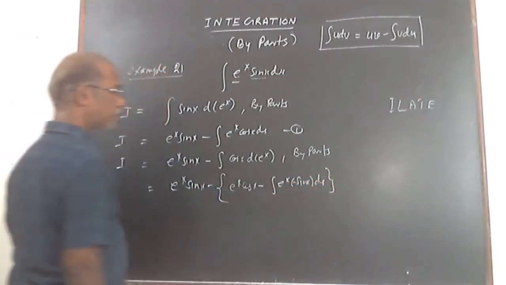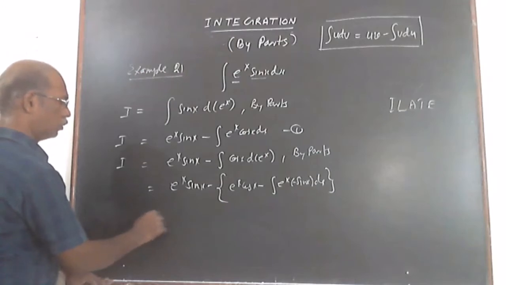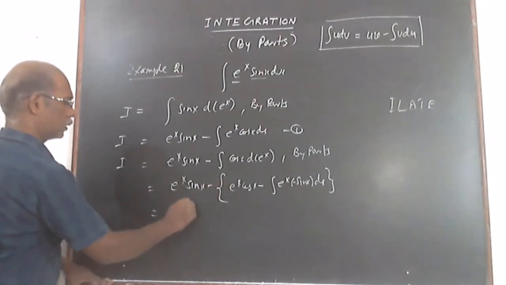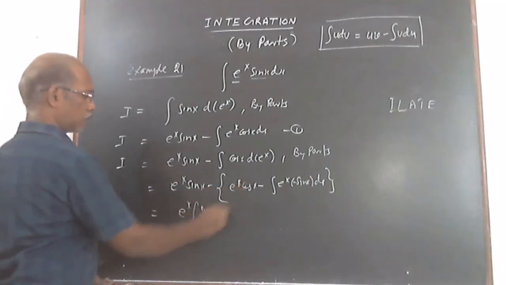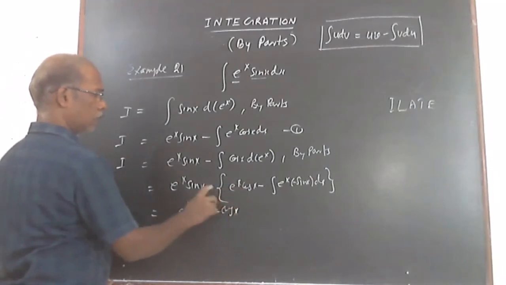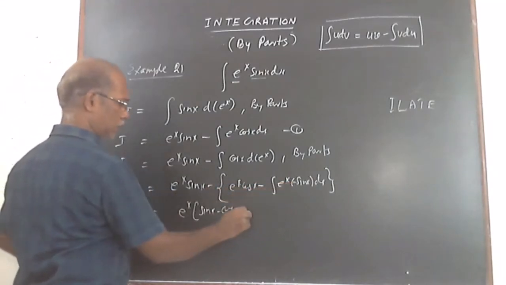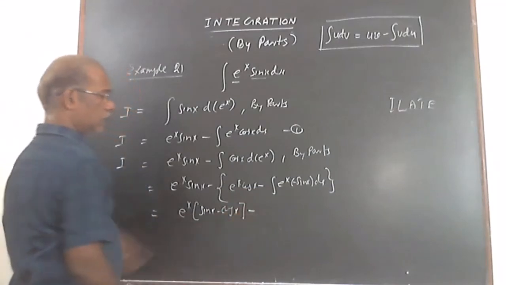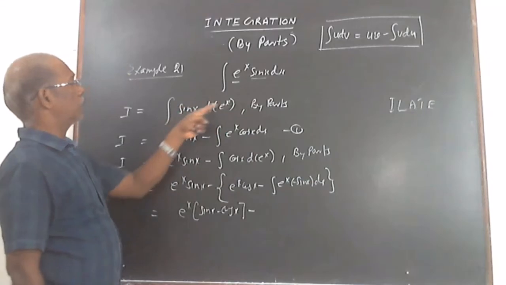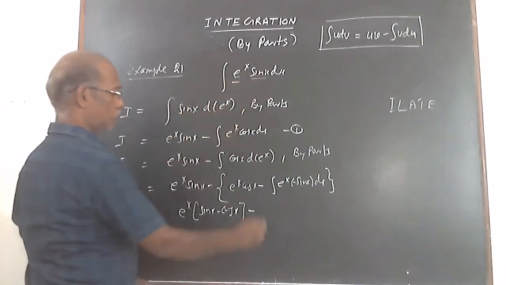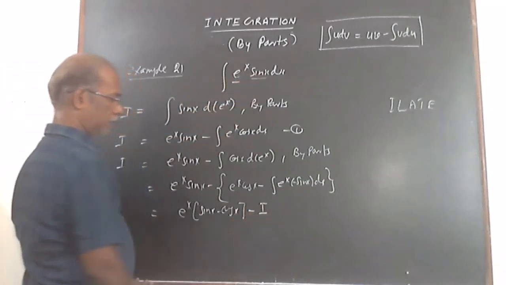Correct? Now we can combine: e power x sin x minus cos x minus integral of e power x sin x dx, which is the question, denoted by I.